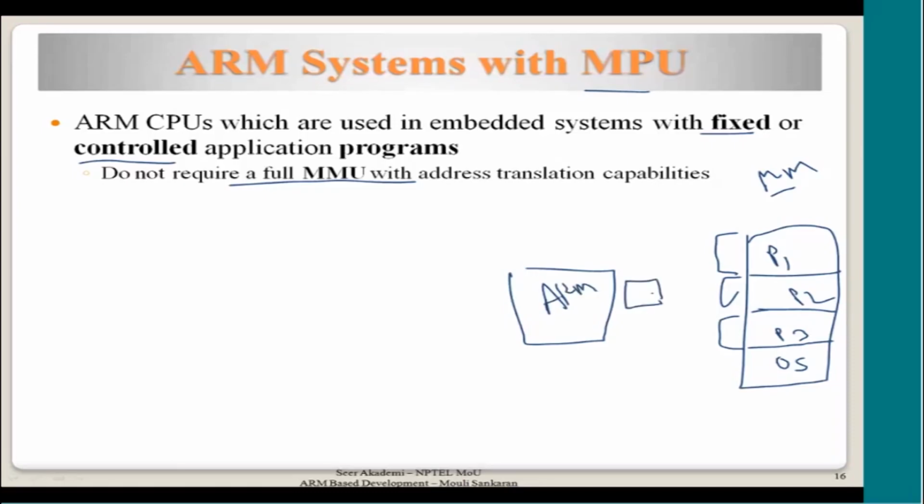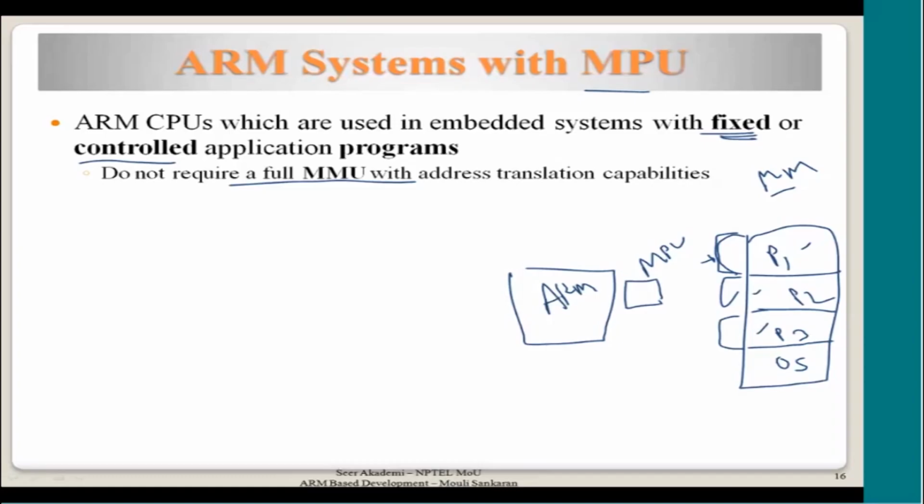then maybe we need MPU functionality so that the protection is done by hardware, and we can start executing this code. Multiple processes will be in the system and they will run reliably as long as the number of processes is fixed and the areas that they are going to use are also fixed, and these are all controlled application programs.